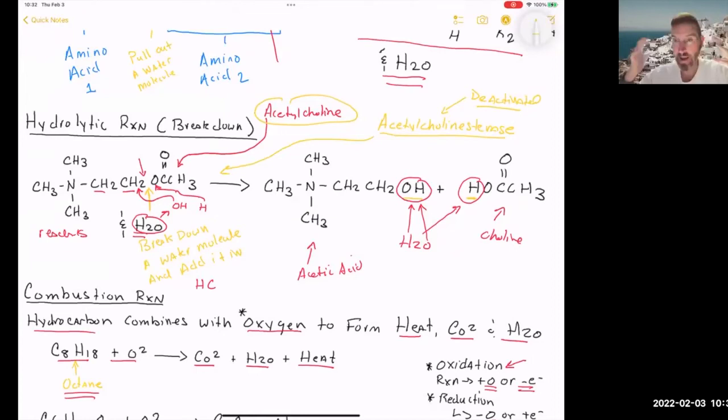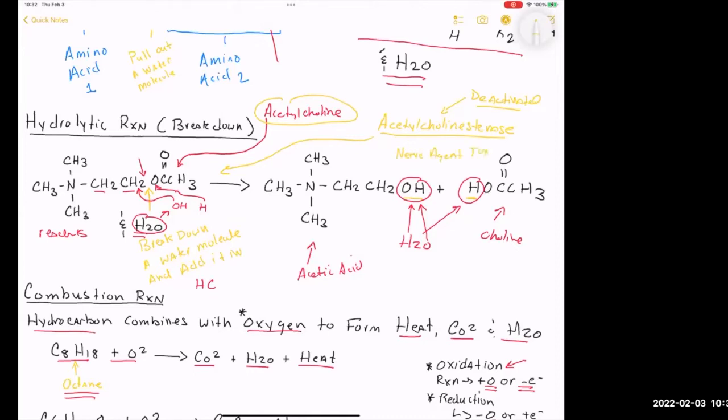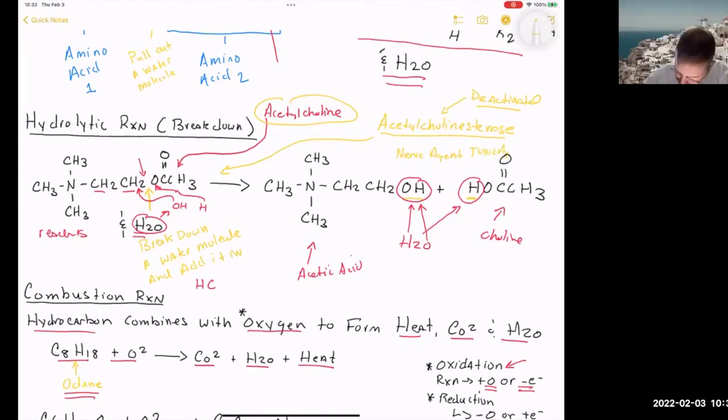And are you all familiar with nerve agent poisoning? Yes. Yeah, you learned about that, right? Nerve agent toxicity, organophosphates, carbamates, right? Insecticides, weaponized agents like sarin, VX, tabun, etc.